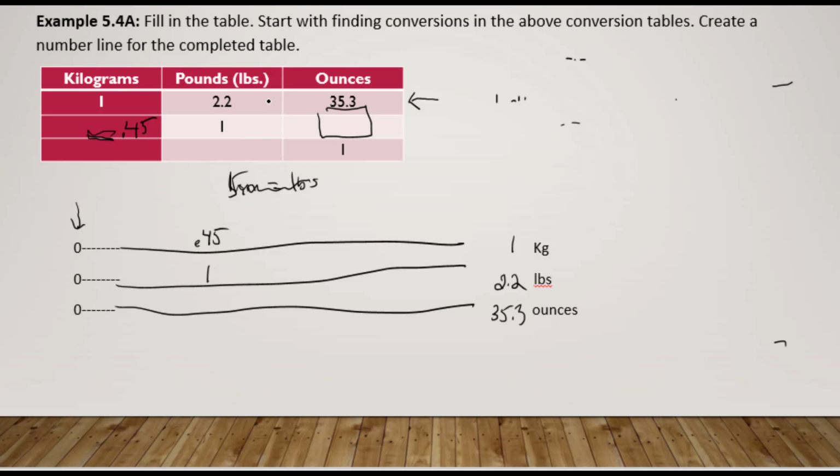Well, what I know is right here. I can use this, right? 2.2 pounds is equal to, it's the same as 35.3 ounces. So therefore, 1 pound is the same as how many ounces?